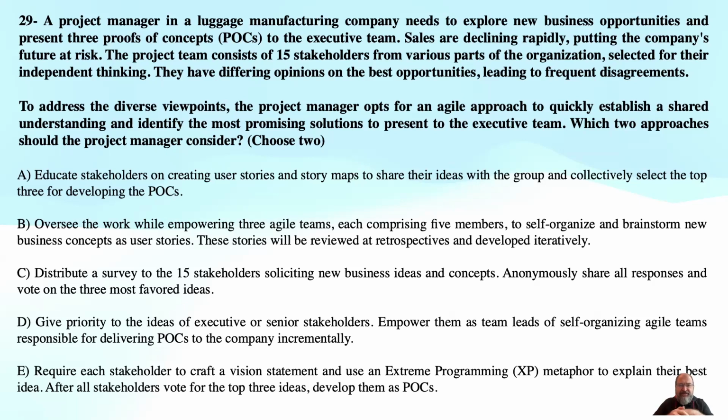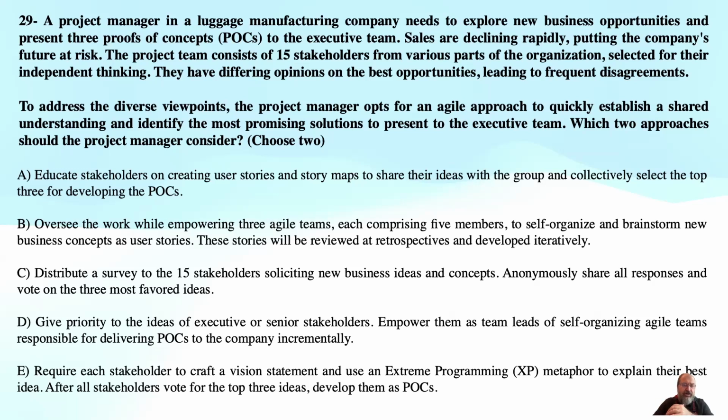And option beta is correct because by empowering agile teams to self-organize and generate ideas, this approach encourages innovation and allows for a variety of concepts to be explored. It also promotes a sense of ownership and accountability within the teams.